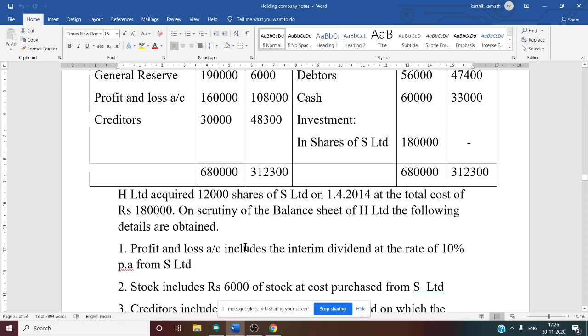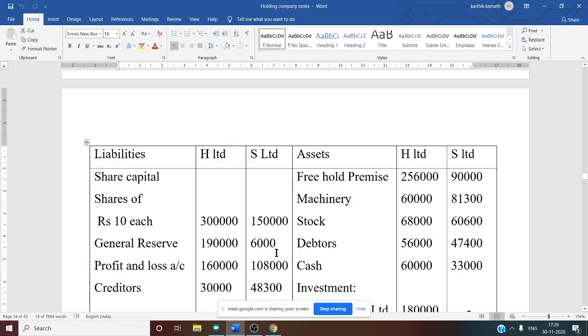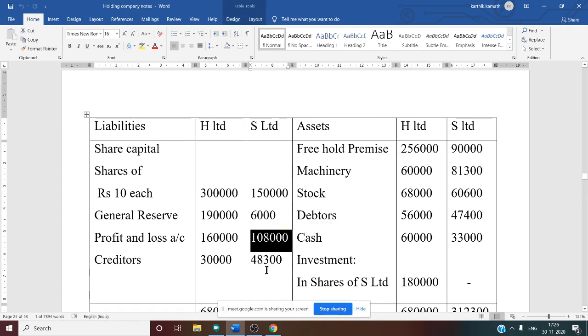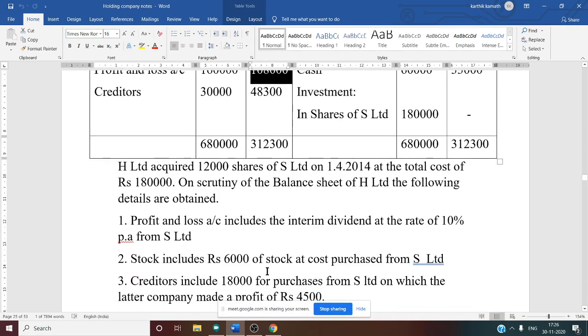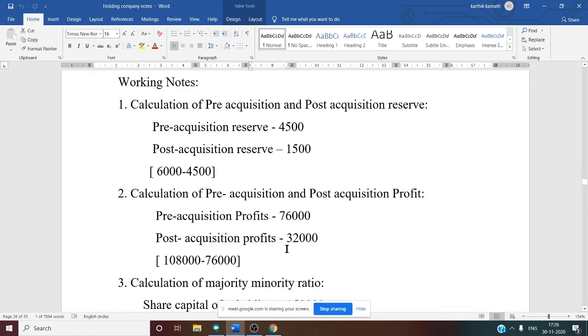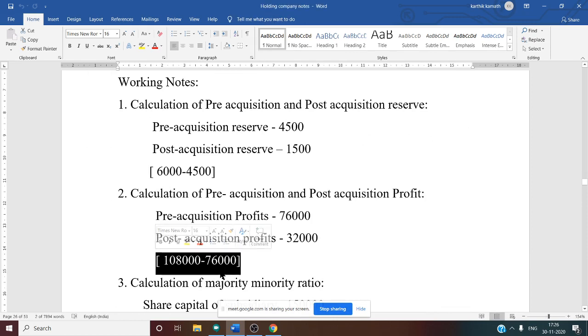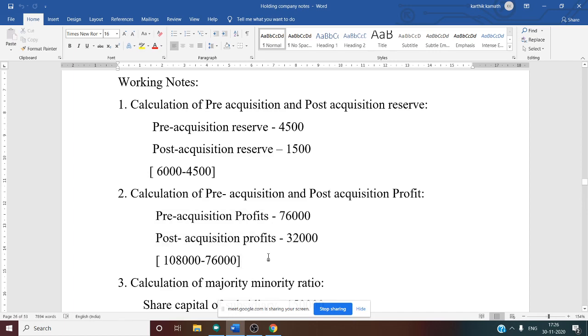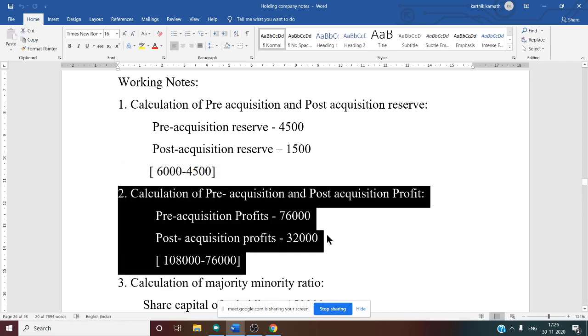But we want the total profit and loss of the subsidiary company, that is 1,08,000 given in the balance sheet. So out of 1,08,000, 76,000 is pre, which means the remaining is post acquisition profit. See this, 1,08,000 minus pre-acquisition profit, you will get post acquisition profit as 32,000. This is our working note number 2.